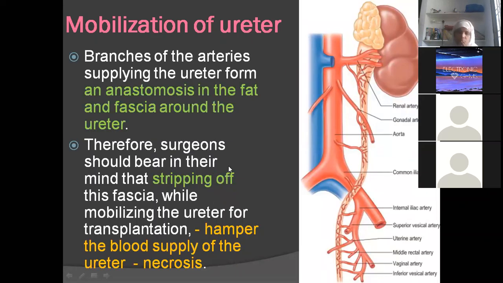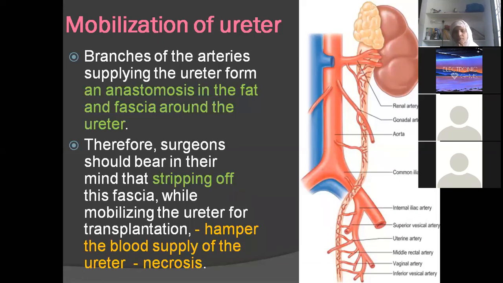Doubt, ma'am. Ureter has got three parts, like abdominal part and pelvic part. So you said the nerve supply is by the sacral nerves.